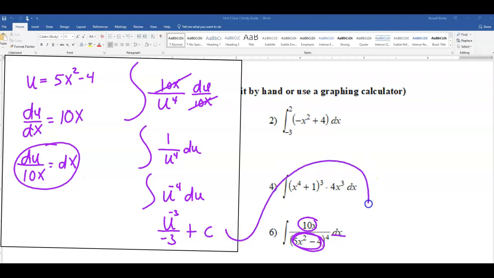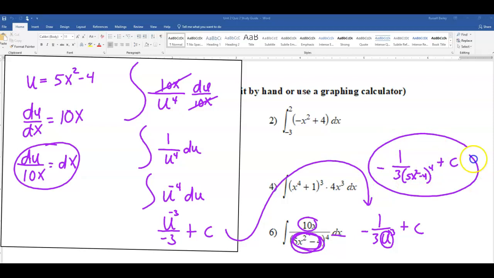Next thing we're going to do is rewrite it as negative 1 over 3 u to the 3rd plus c. And then finally we can replace that u with what u equals. So that'd be negative 1 over 3 and 5x squared minus 4 to the 4th plus c.